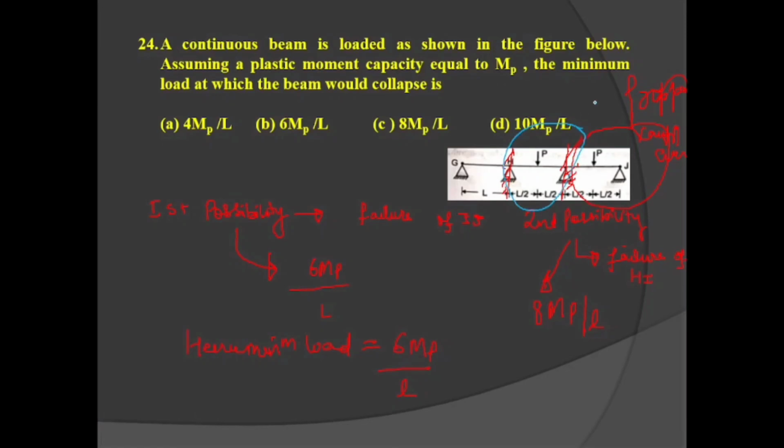So for the fixed beam, the value is 8 MP by L, and for the propped cantilever beam, 6 MP by L. So the final value is equal to 6 MP by L.